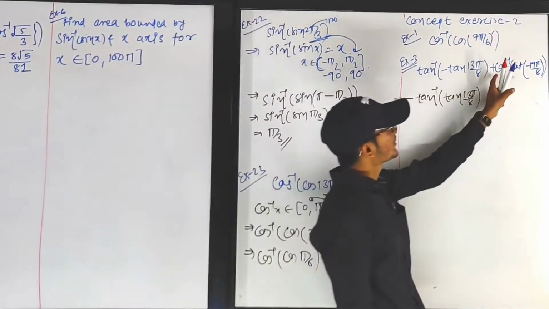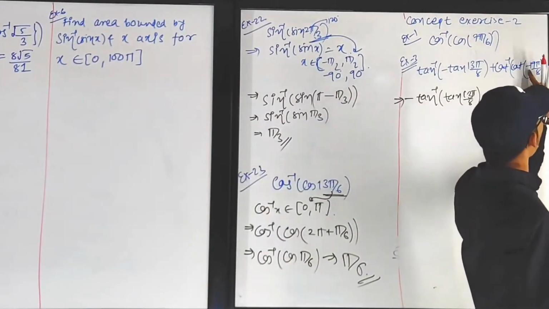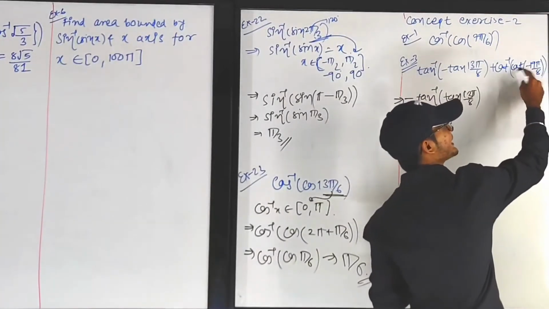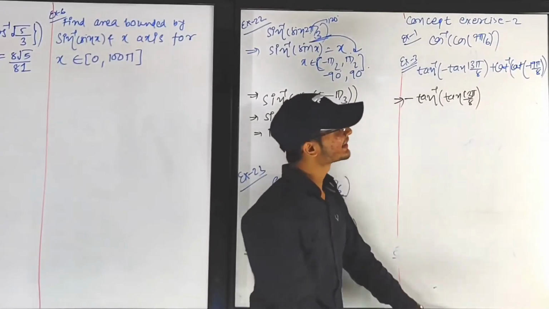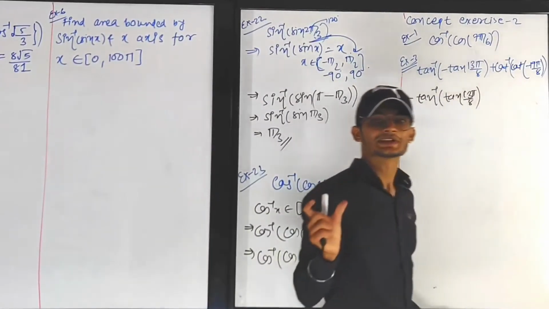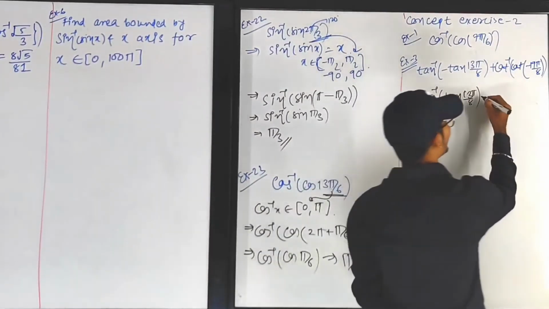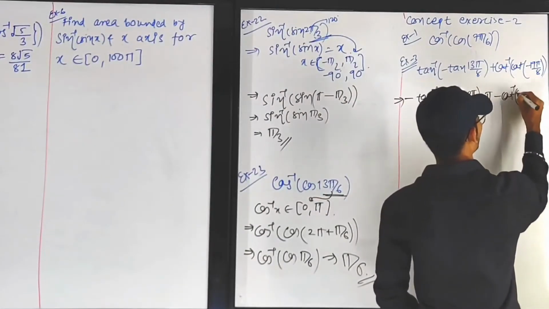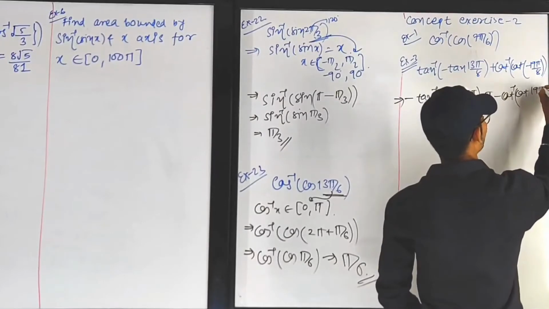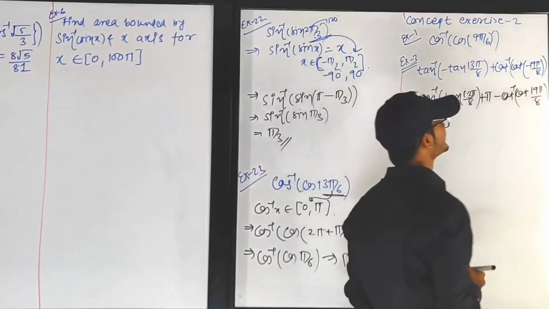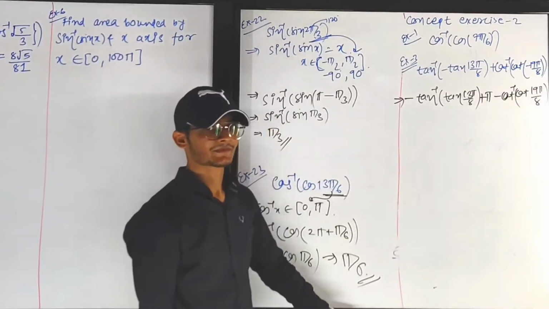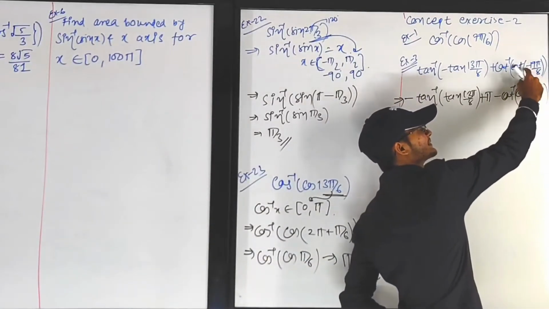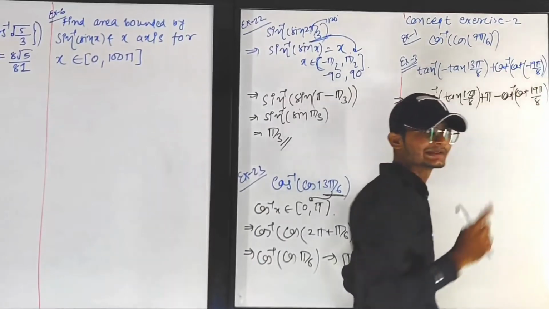And here cot inverse of cot minus 19 pi by 8. Here cot is an odd function, so we can write minus cot 19 pi by 8.